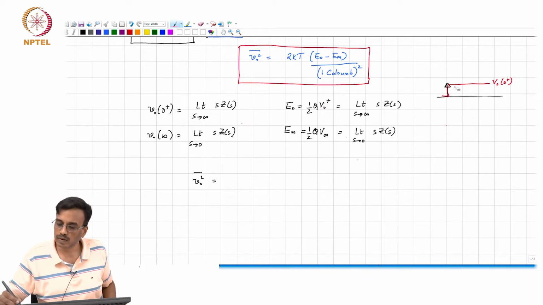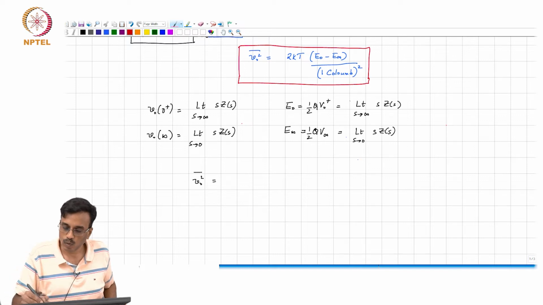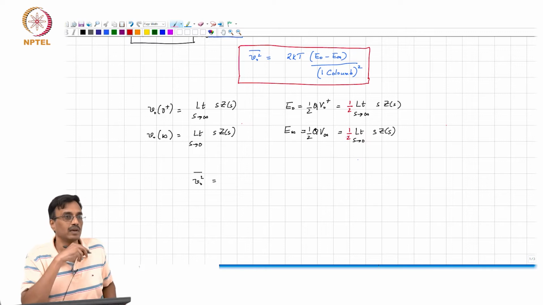So, this is 1/2 times this, and likewise this is 1/2 times s Z of s as s tends to infinity.